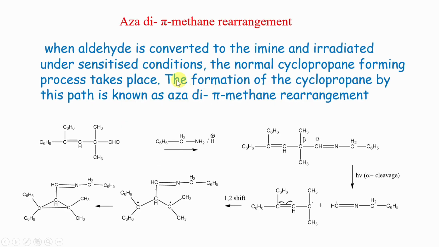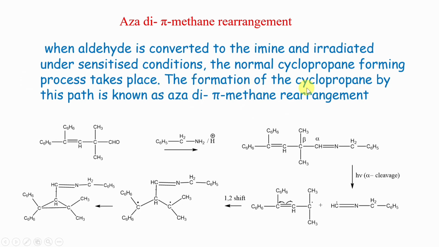Okay, then see the next type of rearrangement, the Aza-Di-Pi-Methane rearrangement. When an aldehyde is converted to the imine and that imine is irradiated under a sensitized condition, the normal cyclopropyl ring formation takes place.